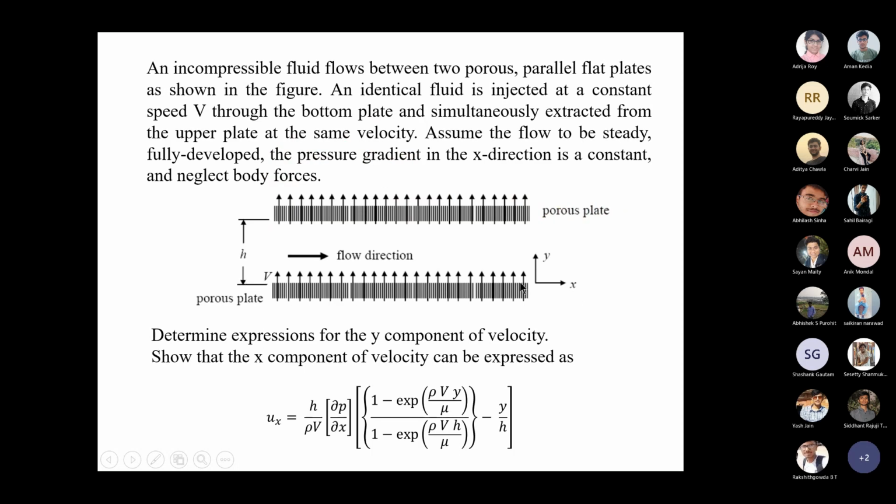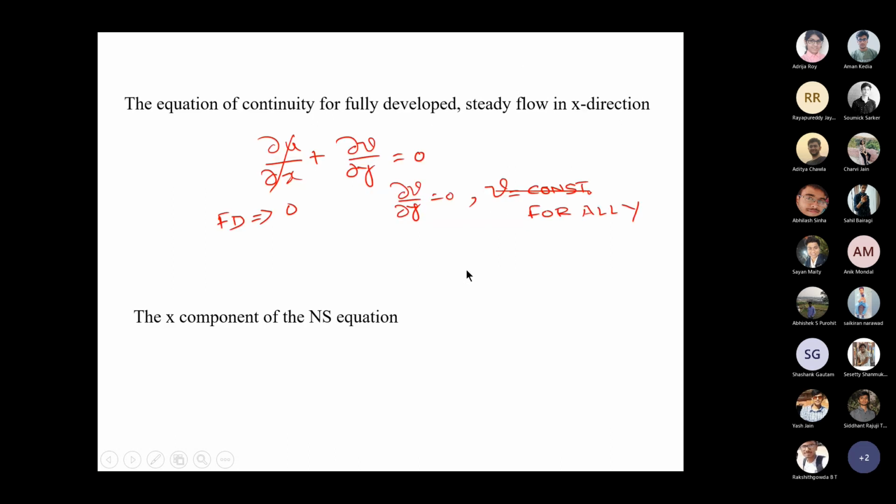And if you look at only this figure, what can you say about Vy? It is equal to capital V in the entire flow domain. So my v is simply going to be equal to capital V everywhere in the flow field. Next, I can write the x component of the Navier-Stokes equation. Let me quickly write this. And I'm not writing the z part at all.